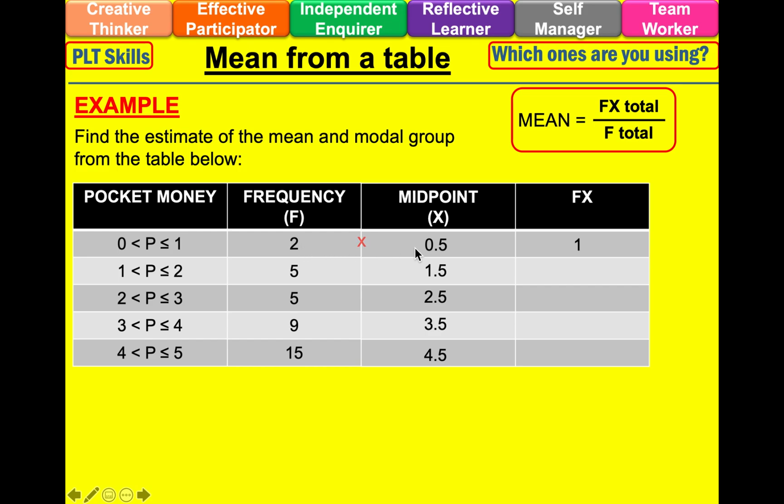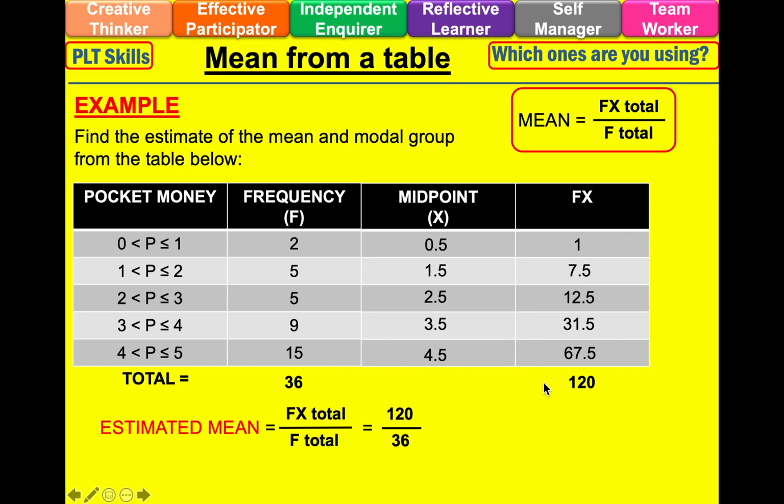So 2 times 0.5 is 1, and you can keep on going like this. The last thing you do is use this formula: mean equals total of f of x divided by total frequency. The total is 36 for frequency and 120 for f of x. So to work out the mean, 120 divided by 36. Hope you've understood this.